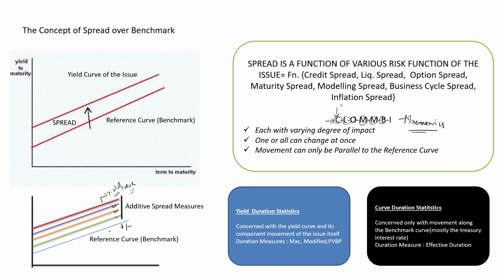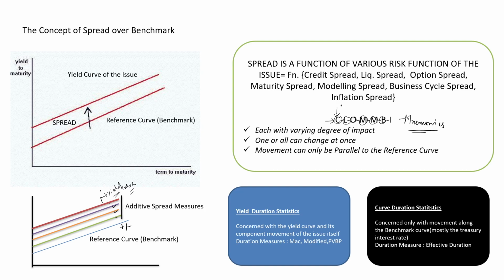Similarly, with the benchmark curve remaining constant, which means there is no change in the benchmark curve across the maturity or tenor of the security under consideration, if there is a change in the stackable spread measures, they will eventually impact this curve which sits above all of them.